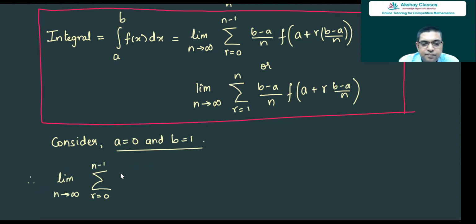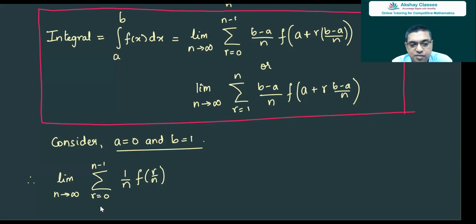Now you get b minus a is 1 upon n, f of b minus a is 1. So you get r upon n, f of a is 0 and b minus a is 1. So 1 by n f of r by n.